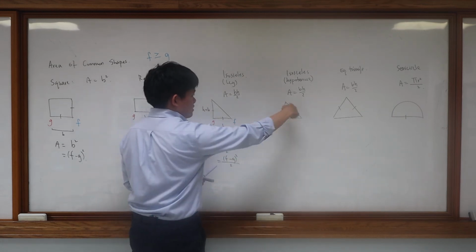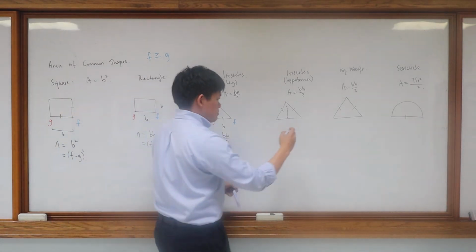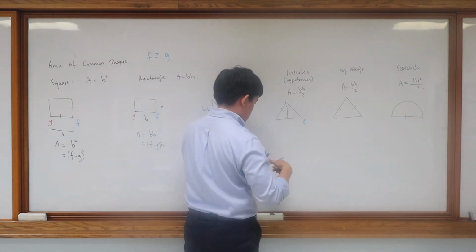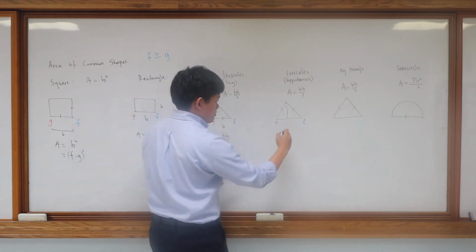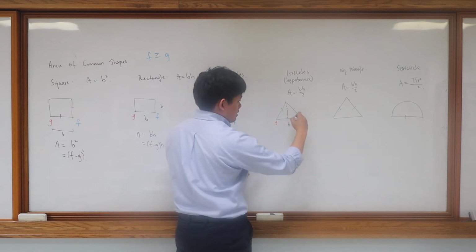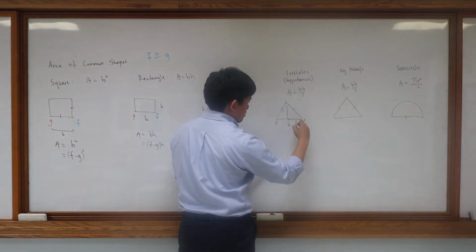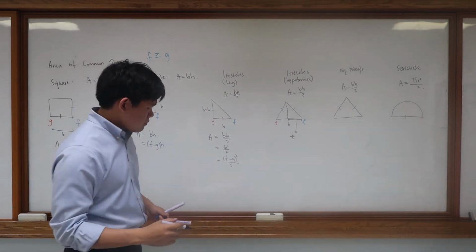So in that case, these two are about the same length. Now, let's go ahead and label this. This is my F, and this is my G. If this is my total length B, what that means here is this length is equal to B over 2. It's half of the length of the base.